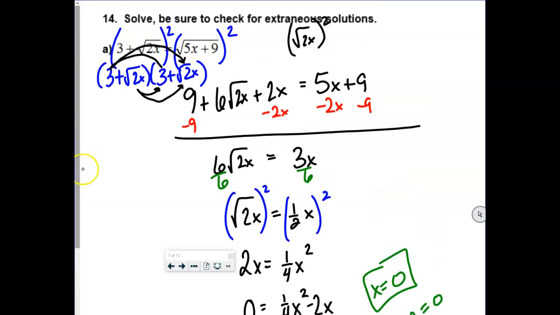All right. So turns out these both work. So that's nice. Checking is as simple as just plugging them in. So you plug in a 0 here, and you end up with 3 equals the square root of 9, which is 3. So check. And then when you plug in an 8, you get 3 plus the square root of 16. So that'd be 3 plus 4, so 7.